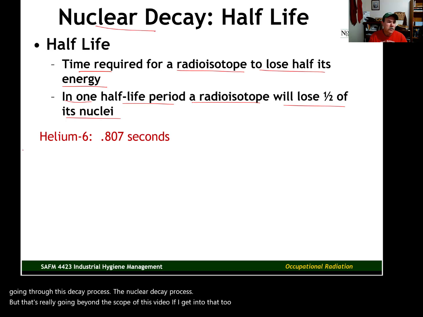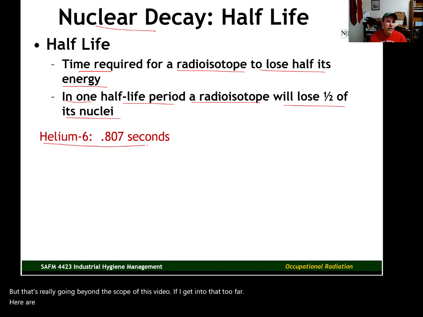Here are some examples of half-life values for some different radioisotopes. Helium-6 is a radioisotope with a half-life of less than 1 second. So that's on the low end of the half-life scale.